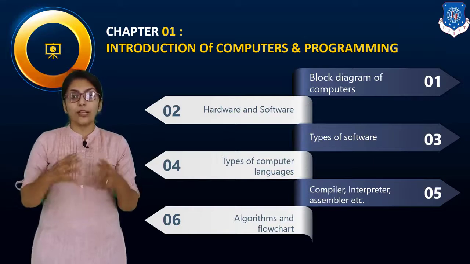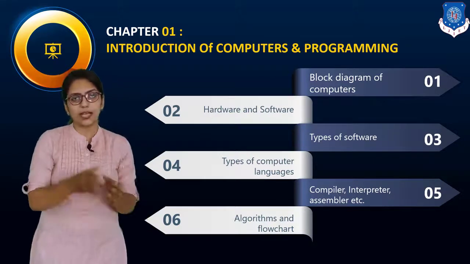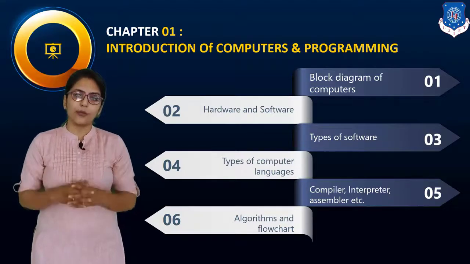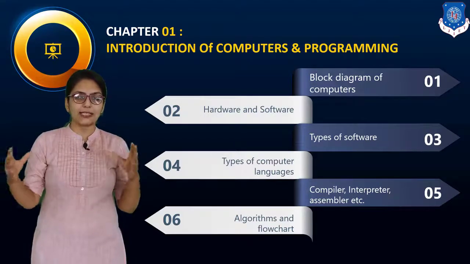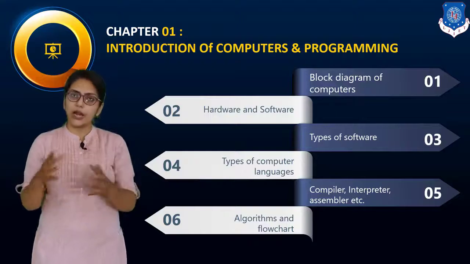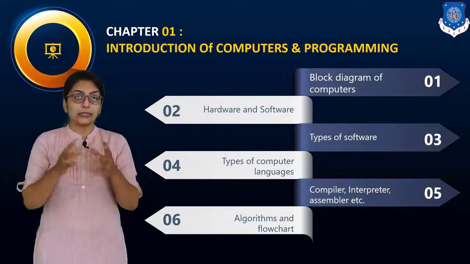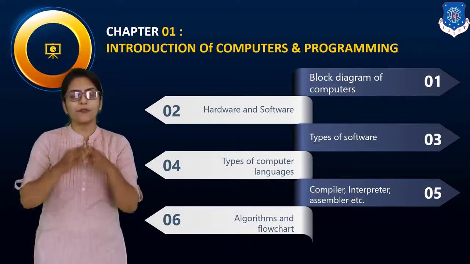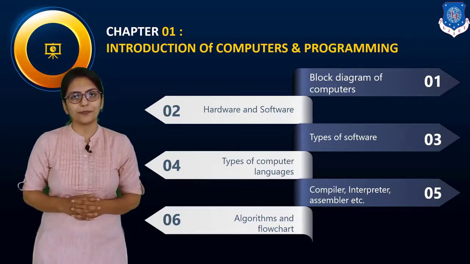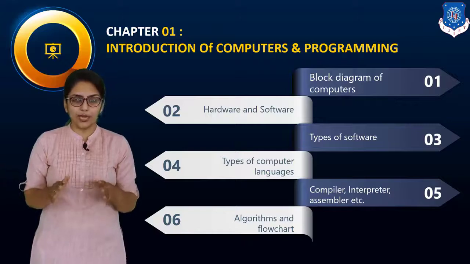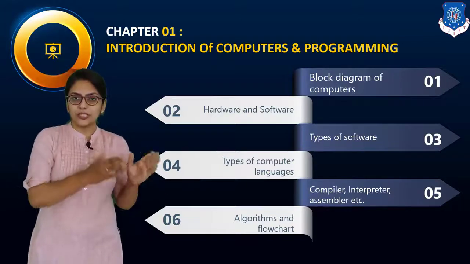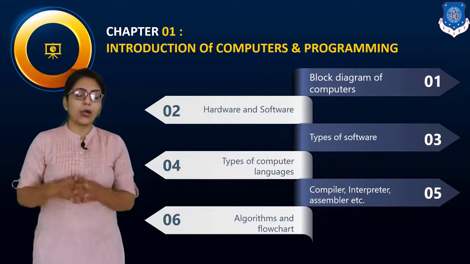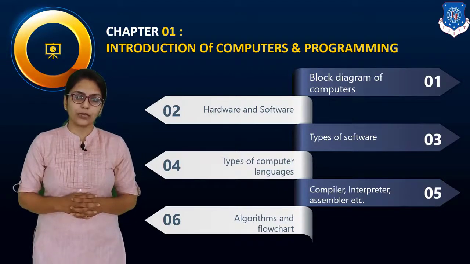Then after, we are going to talk about hardware and software, and the operating system or the system software which is used as the connection between hardware and software. Then after, we are going to talk about the types of computer languages. By computer languages, I don't mean Java, Python, C# or C++ or any other programming language.